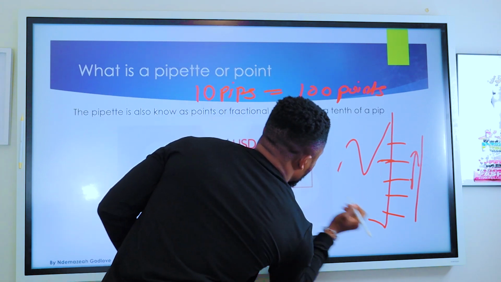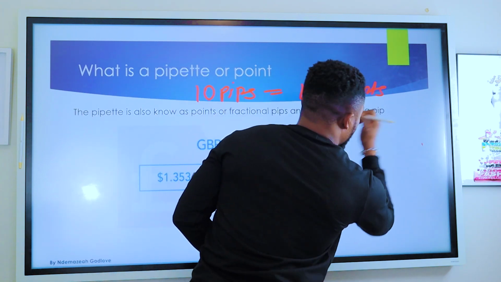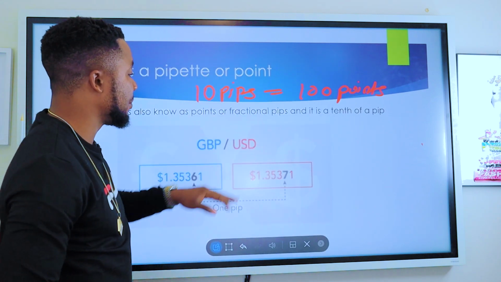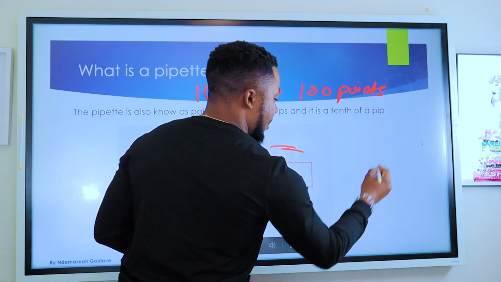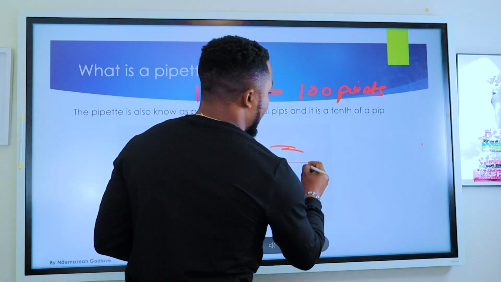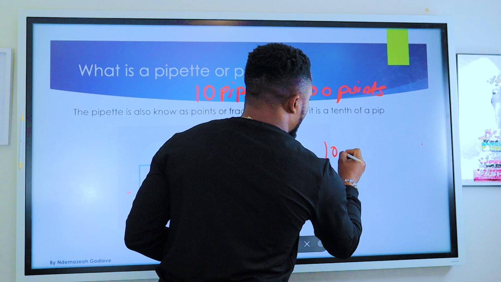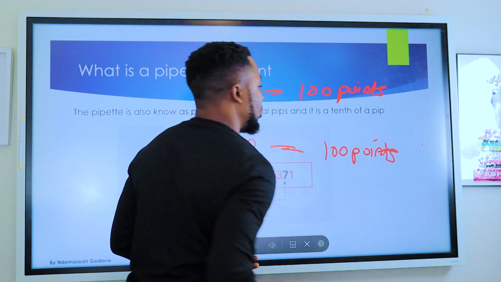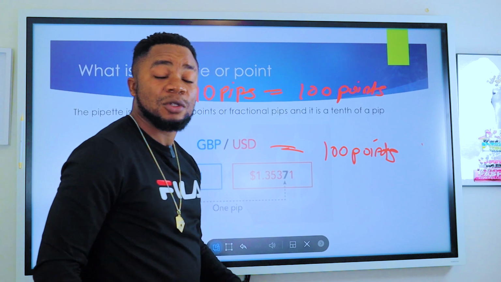So if you draw on your chart, let's just say Great Britain pound USD, and you take your mouse, it shows you in terms of points. So if it shows you 100 points, 100 points will be equal to how many pips?